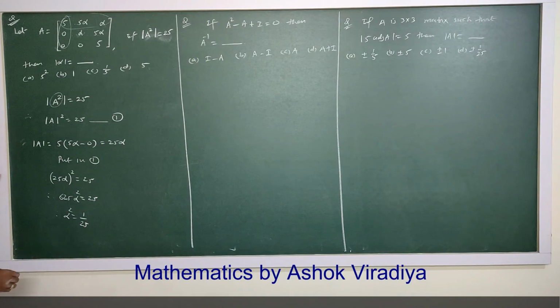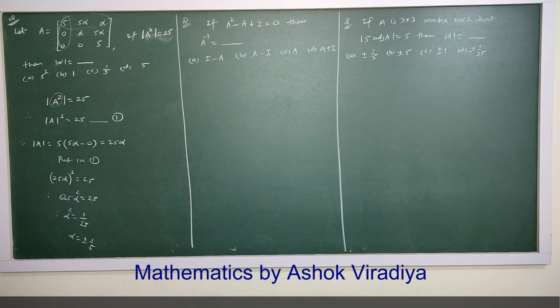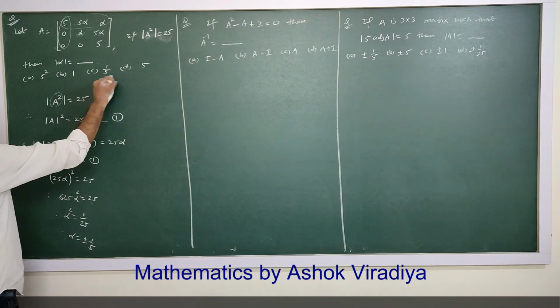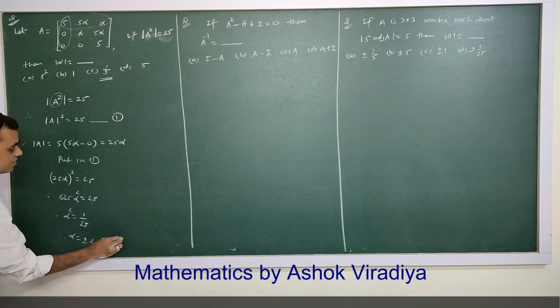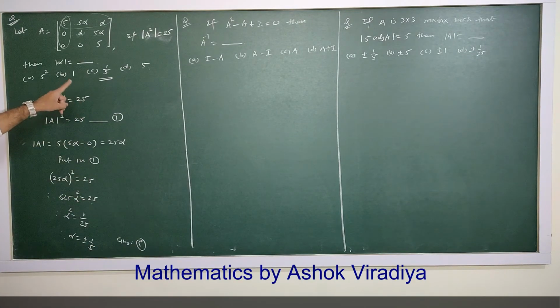So alpha square is 25 by 625, that is 1 upon 25. So alpha is plus minus 1 by 5. So here this is acceptable. So answer is C, because plus 1 by 5 is given. Anyone can be taken. Whatever is given in the option, select that as the final answer.